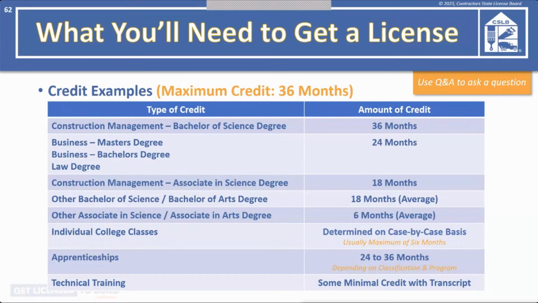The qualifier just has to have the 4 years or 48 months of experience in the last 10 years. So yes, he could potentially be your qualifier for your license. Your education's not going to come into effect because you're not applying as the qualifier on the license. He's the qualifier.